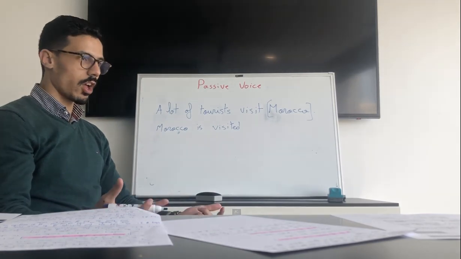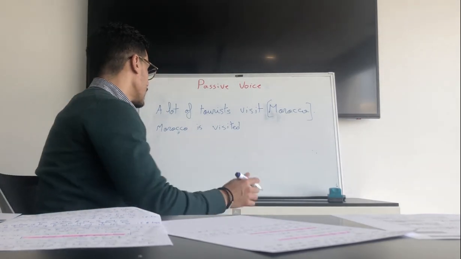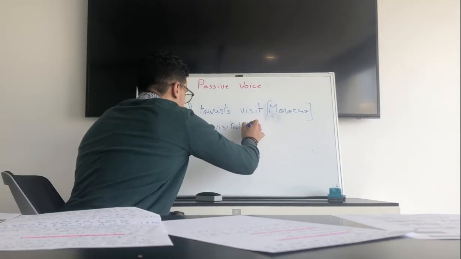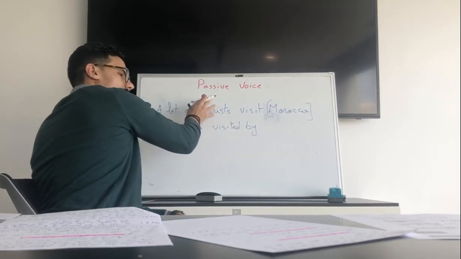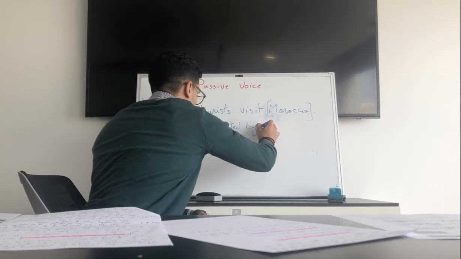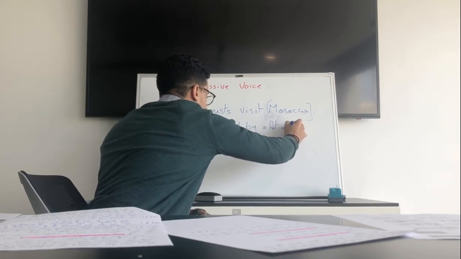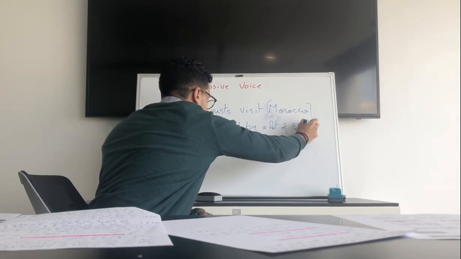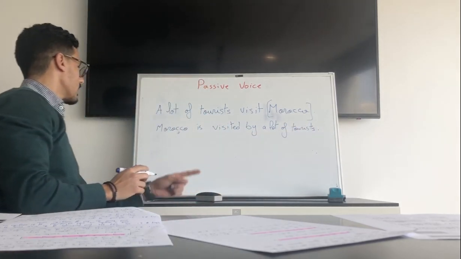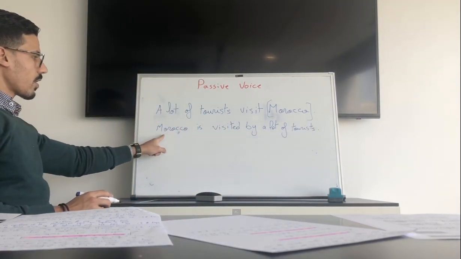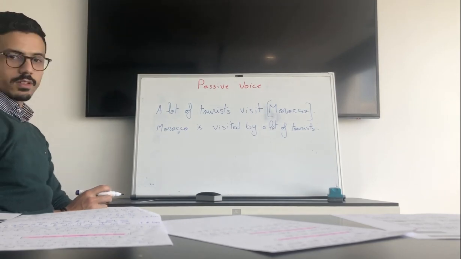Alright, we have an optional step, like I said: we add by and the subject, by a lot of tourists. So this is active, this is passive. Morocco is visited by a lot of tourists.